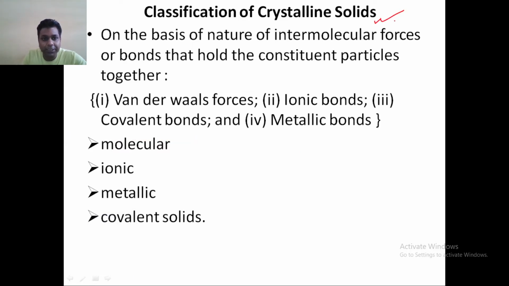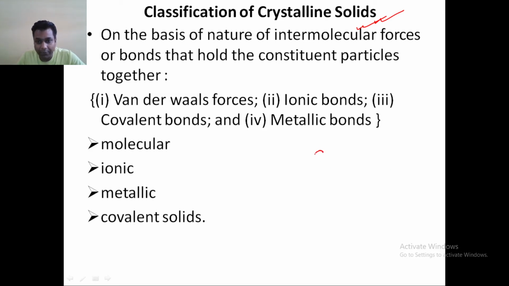On the basis of intermolecular forces, how can we classify the crystalline solid? What are the basic parameters, or the factors, that we consider when we want to classify the crystalline solid? The parameter that we consider for the classification is the intermolecular forces, meaning the forces between two atoms. What kind of force is it? Depending upon that we define.